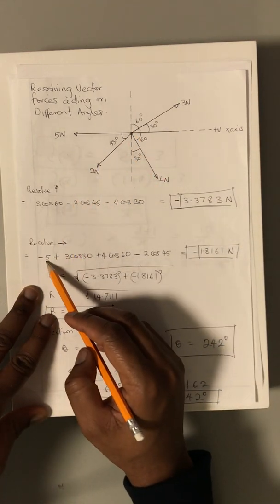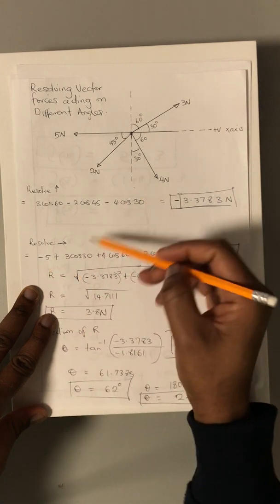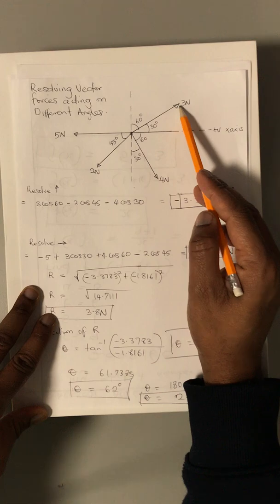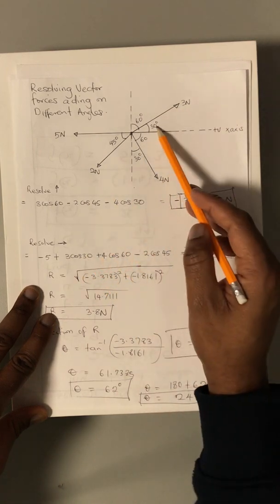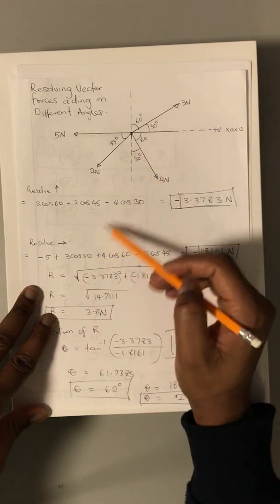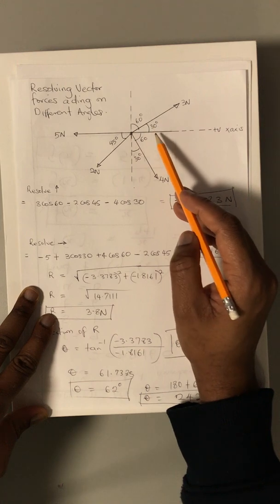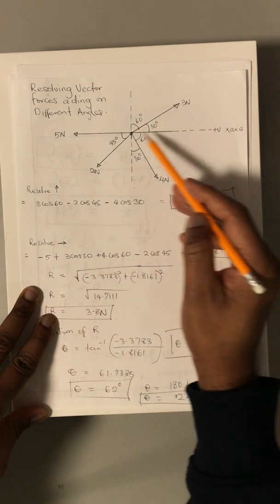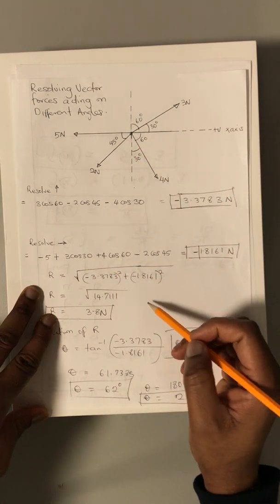So therefore, we have minus 5. Then by resolving our 3 Newton force here, we have plus 3 cos 30, because it's acting horizontally.